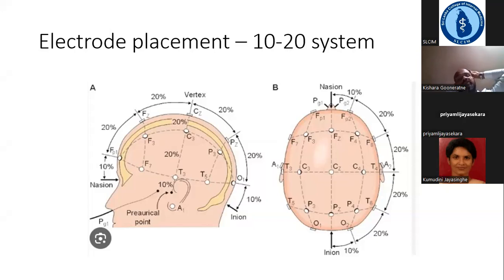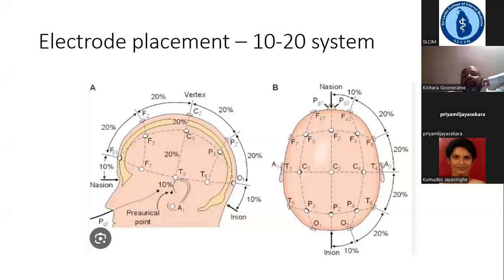So this is the international 10-20 system, where we place electrodes in a very systematic manner to cover the whole surface of the scalp.